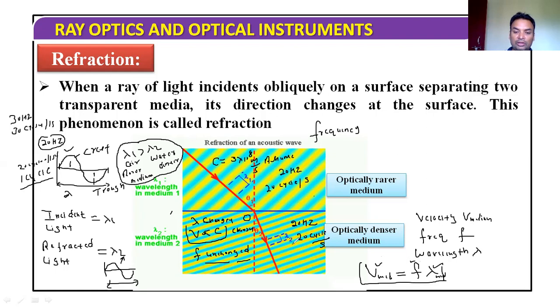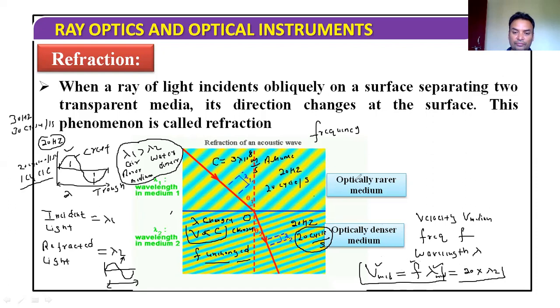In this case, frequency in water is 20 hertz and wavelength is lambda 2. So 20 into lambda 2 will be the velocity in the medium.